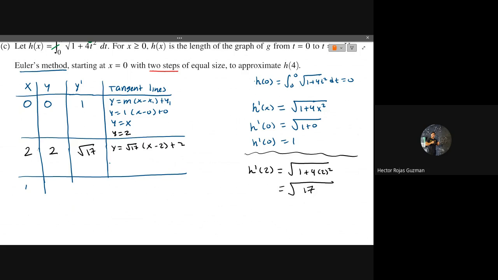My next step is going to be 4. I need the y value, and that's what the tangent line is for. So y equals the square root of 17 times 4 minus 2, plus 2. The new y value is going to be 2 radical 17 plus 2. That's it. So h of 4 equals 2 radical 17 plus 2.